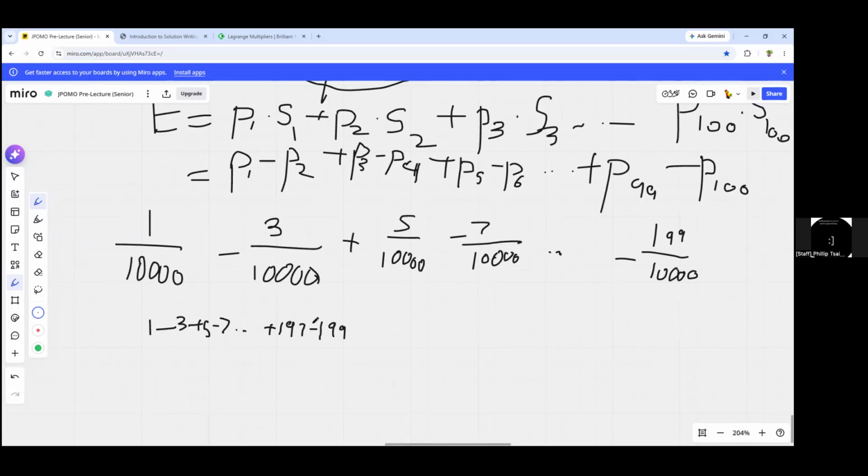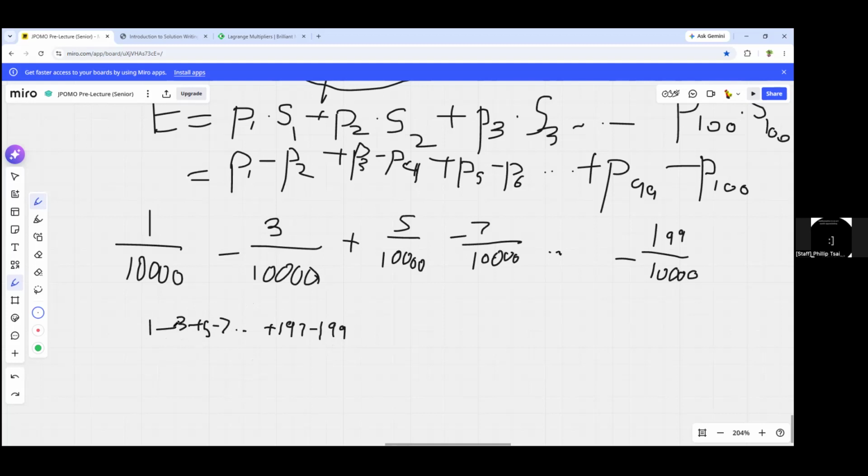So here you can actually group 1 minus 3, 5 minus 7, all the way until 197 minus 199, just like how Andrew did it.